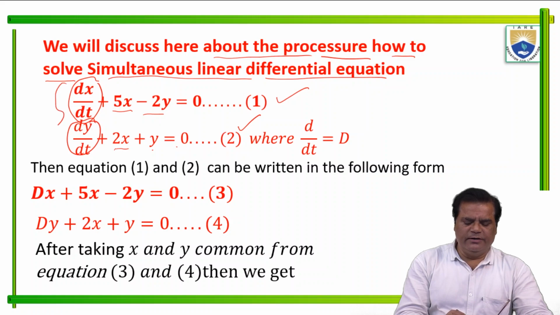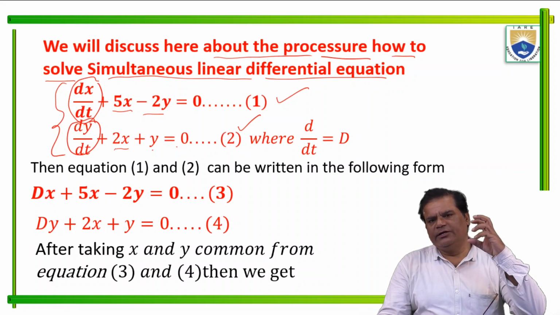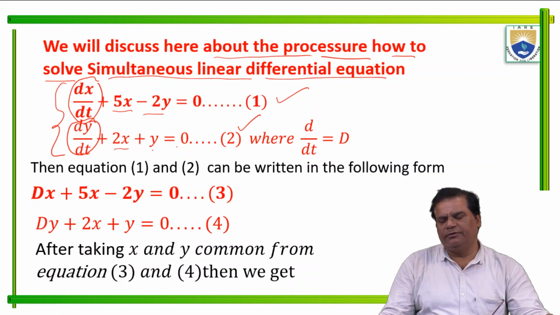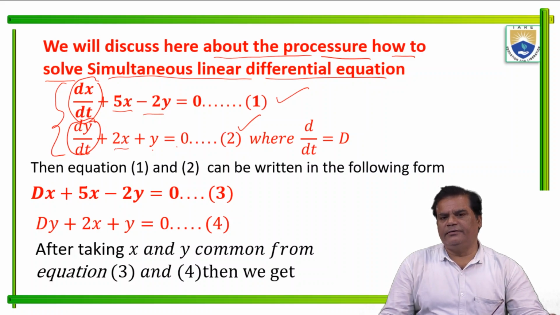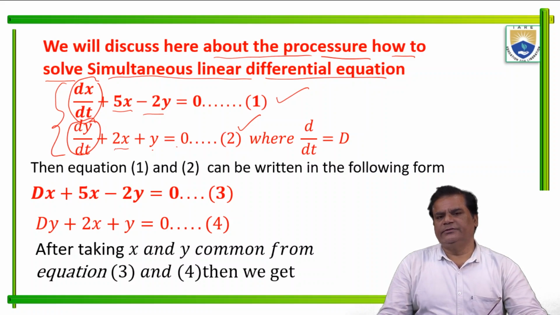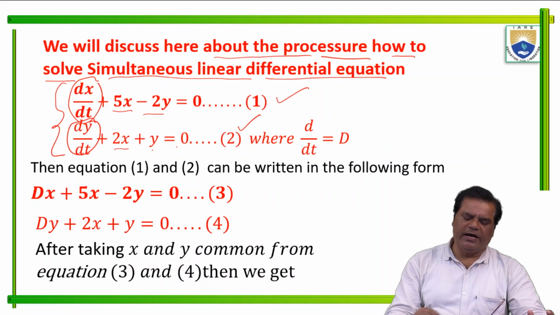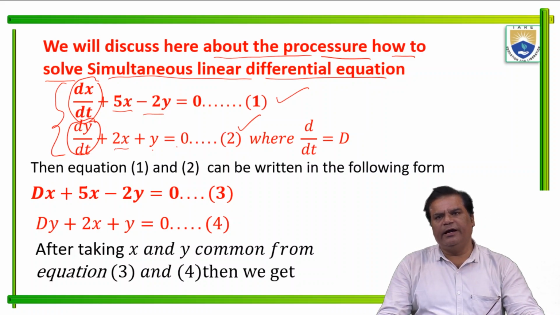If there is only a single equation, then we cannot solve it and cannot find the value of the dependent variables x and y. If two equations are given, then we can find the value of x and y. So in this question, there are two equations, equation 1 and equation 2.